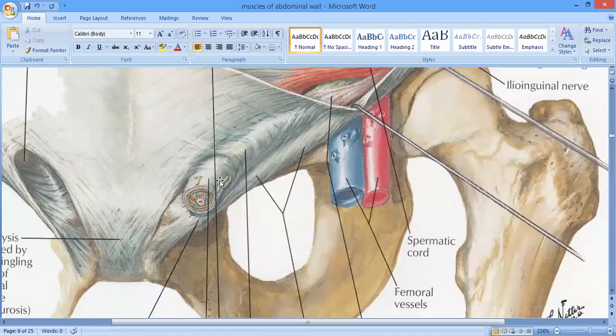And this opening is about 2.5 centimeters long. ठीक है जी? 2.5 centimeters long है और about 1.2 centimeter broad है, right? And इसकी जो base है ना, it is formed by the pubic crest. ठीक है जी? ये है, right जी? Okay. Now I told you that it has got two margins. Two margins कौन से हैं जी?